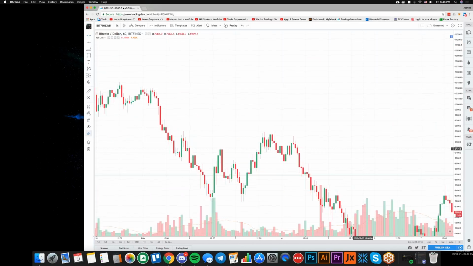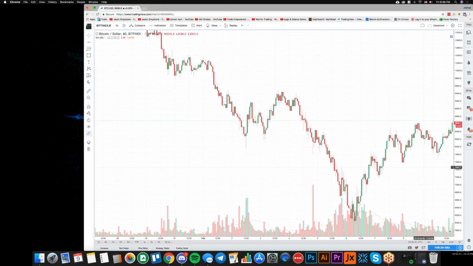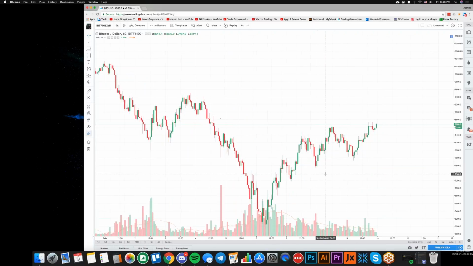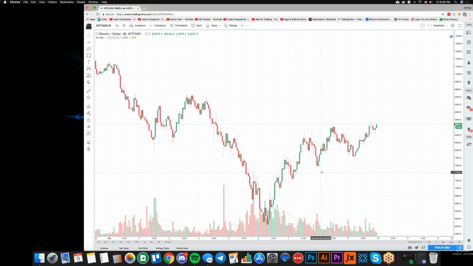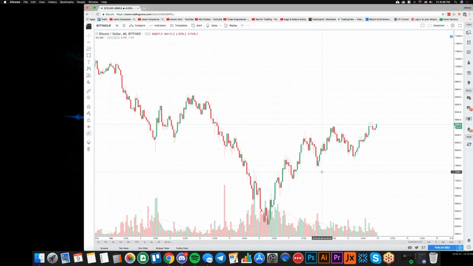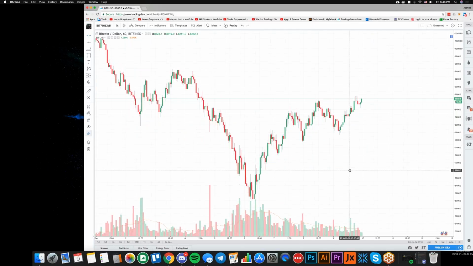Came back down, down, down. This is where we dropped a ton. And now, can anybody tell me if we're at support or resistance? Looking at this current market. Right, it's resistance.